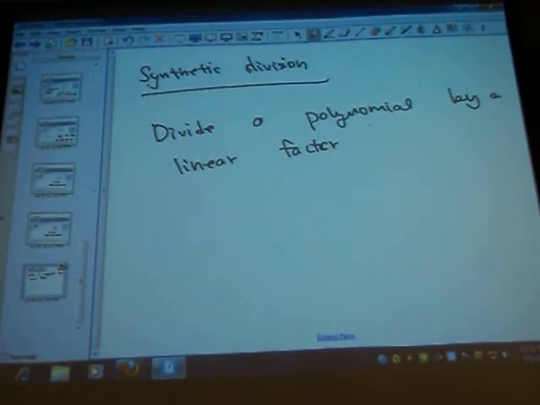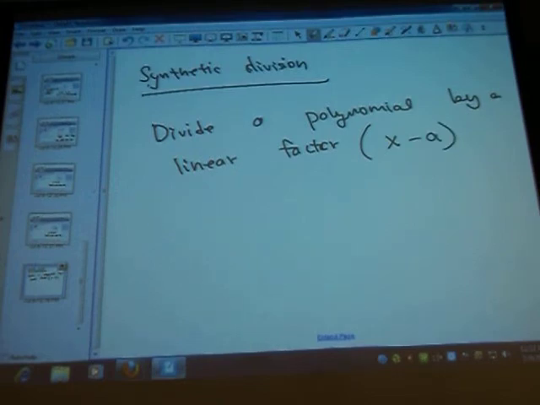By a linear factor, I mean x minus a, where a is just some number. Actually, scratch that x plus a. Let's just call it x minus a.